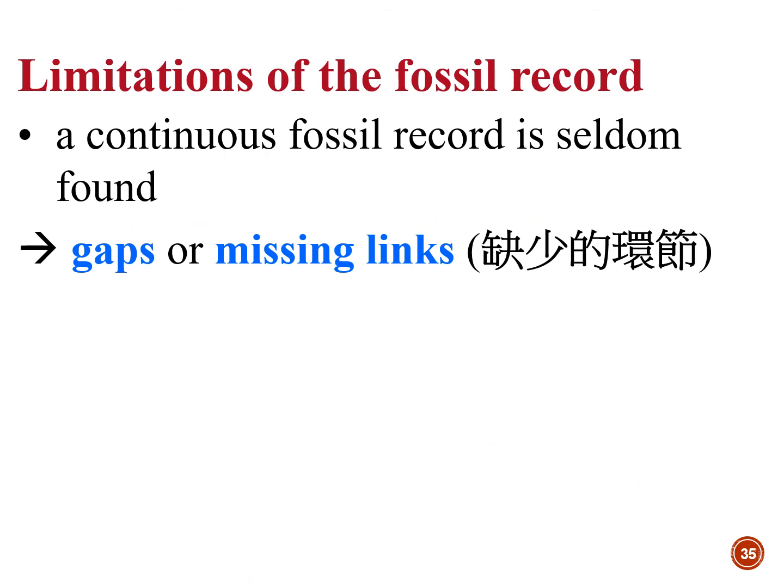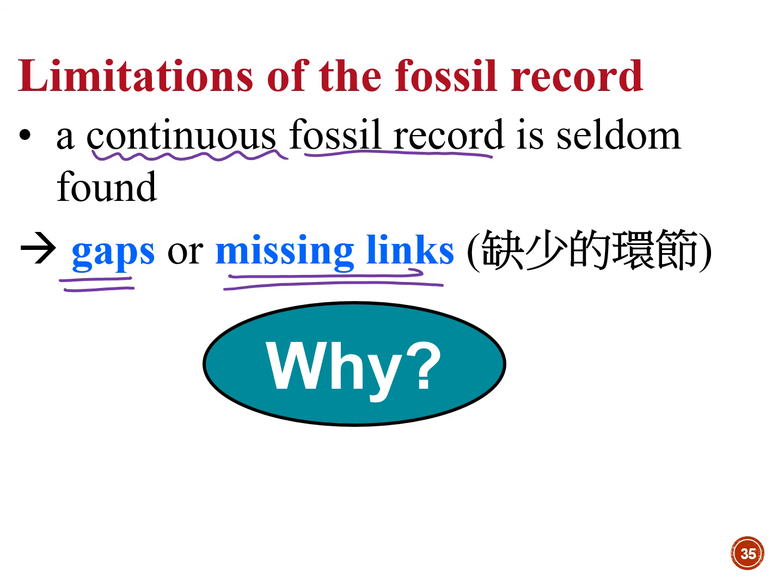If you are an archaeologist, 考古學家, you will find that there are many limitations of fossil records. It is very difficult to find a continuous fossil record. It's seldom found, and there are actually gaps and missing links between the fossil records in the sedimentary rocks. Do you know why?